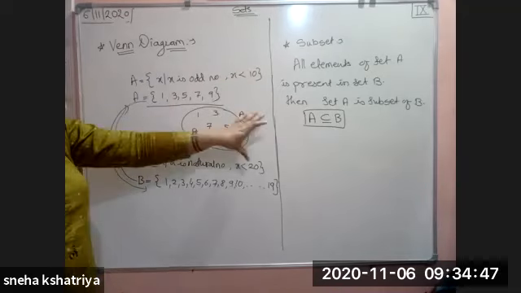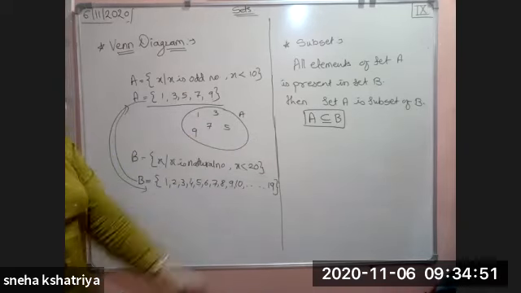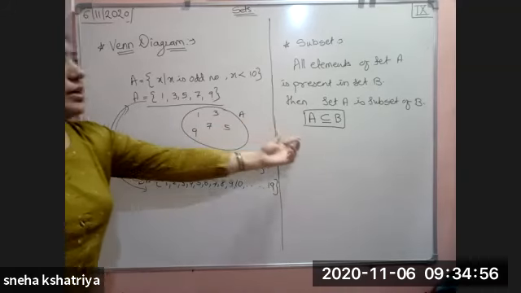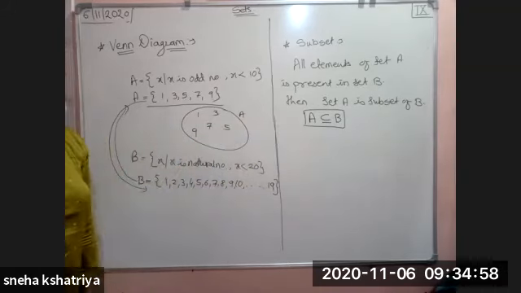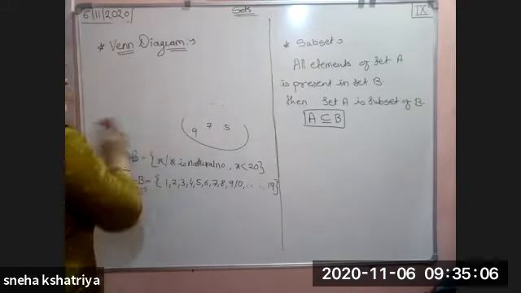So this is the basics. When we go into examples, the idea will be clear about what the closed figure is, what a subset is, and how we are going to represent and solve the examples.